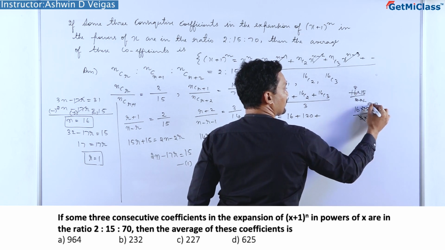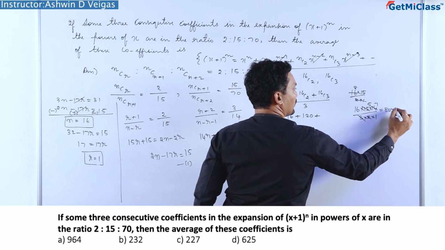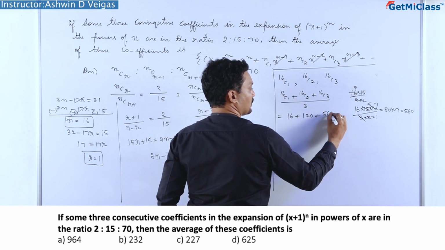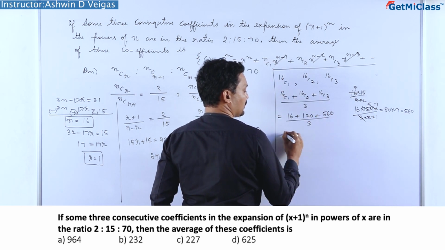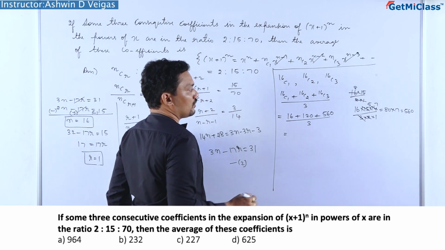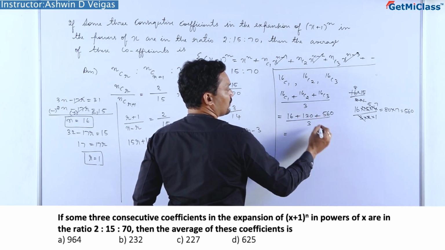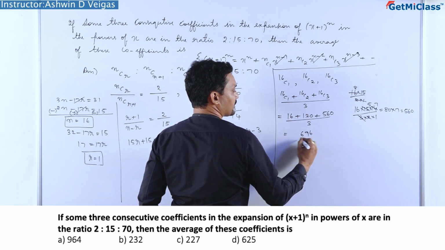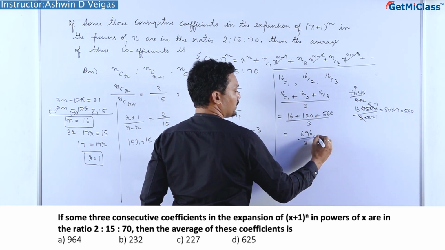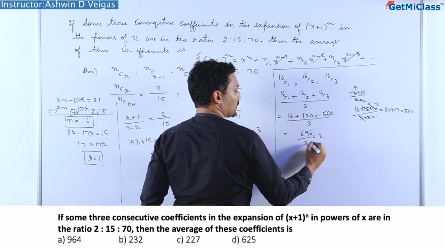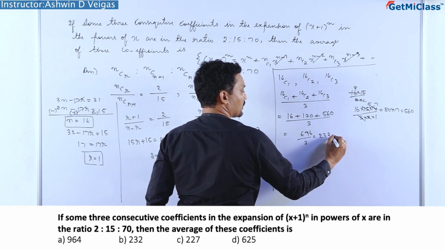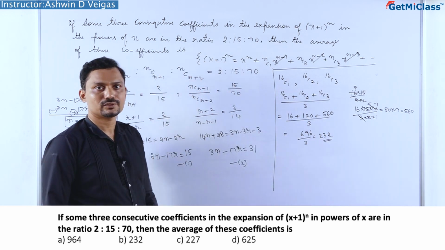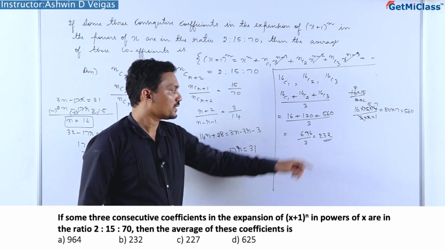You will get 16 5s are 80, 80 into 7, so you will get 560, divided by 3. So, now 560 plus 120 is 680 plus 16 is 696, divided by 3. So, we are going to get the answer as 232. So, 232 is the answer.